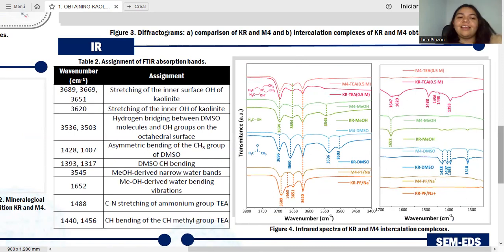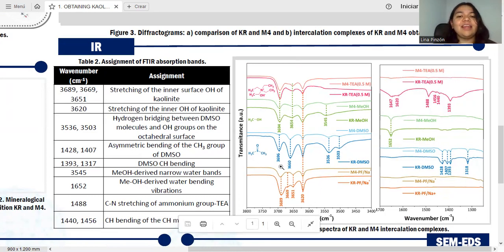The XRD results are related to the FTIR spectra, where the organic functional groups on the intercalation compounds are highlighted. Initially, we have the signals of the hydroxyl groups on the surface of the kaolinites.